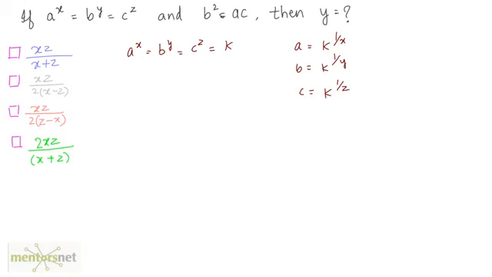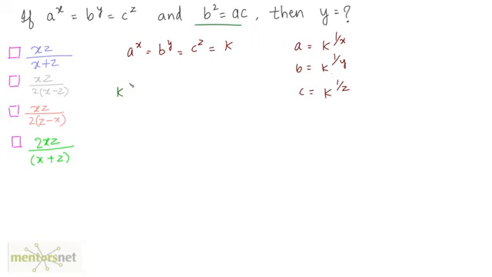Now we have been given this value, b square is equals to ac. Put the values of a, b and c in this equation and hopefully you will get a relation between x, y and z, and from that you can find out the value of y. So b square is equal to ac. So b's value is k raised to power 1 by y.